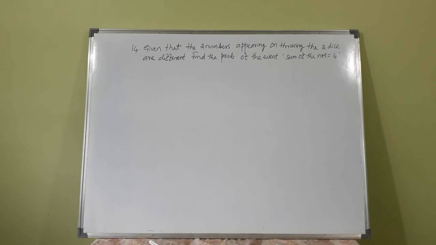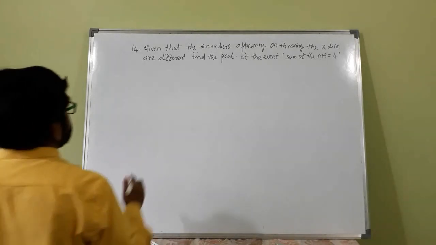14th question, given that two numbers appearing on throwing the two dice are different, find the probability of the event that the sum of the numbers is equal to 4. Okay.